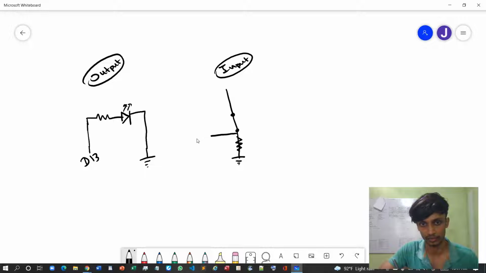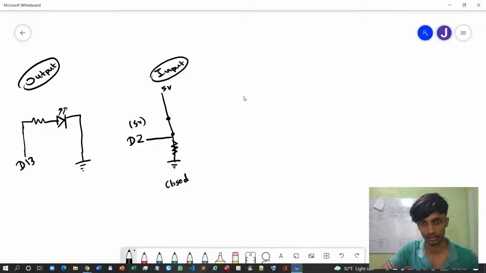Then I can connect this to some sort of digital input, let's say maybe D2. Then this is our VCC, let's say 5 voltage. So this is the closed circuit state. What happens is that now D2 receives 5 voltage as input.